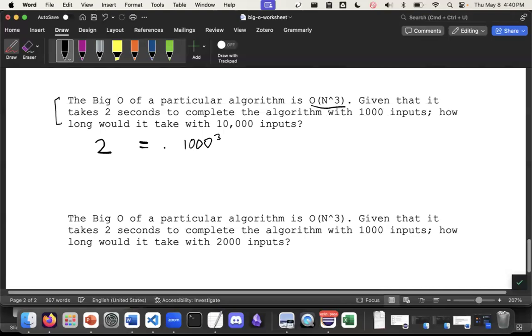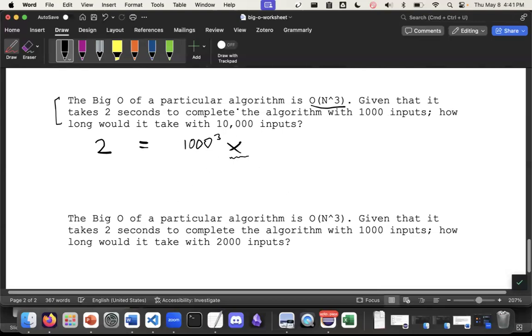Since we want to know the amount of seconds, we have 2 equals 1,000 cubed, but there's some overhead time involved in doing the processing. And so we want to know for this particular machine, what's that overhead factor? We can take our input size and cube it, but then it's going to take the computer a certain amount of time to do that work as well.